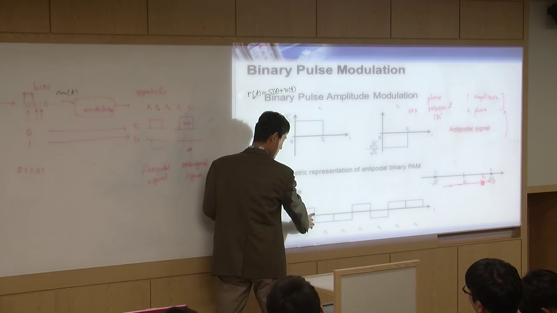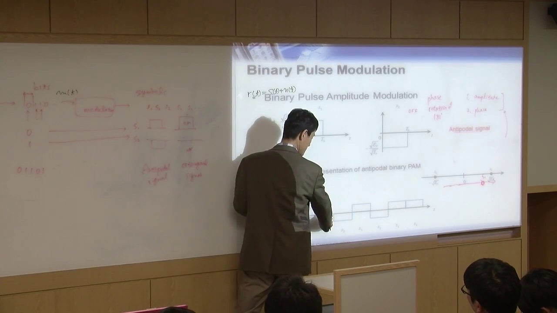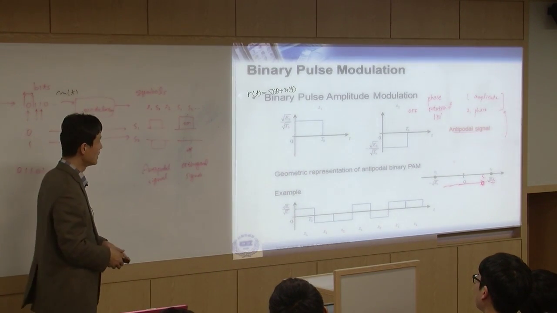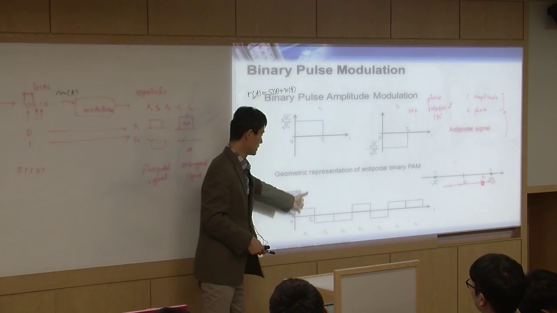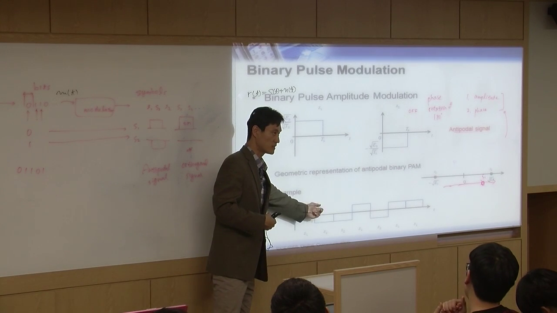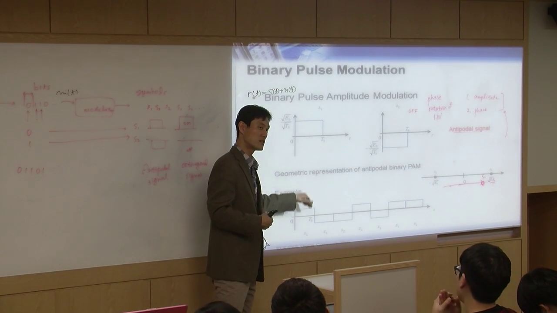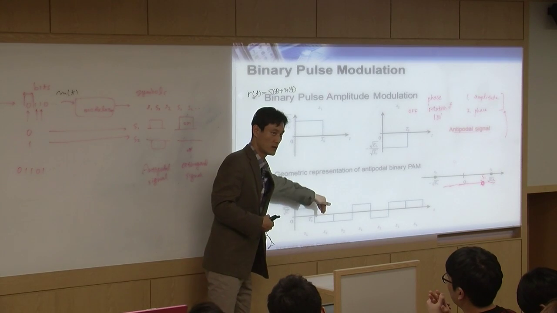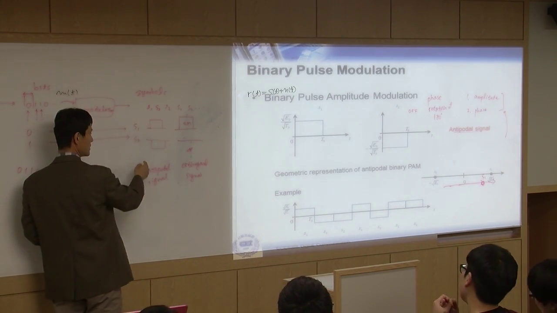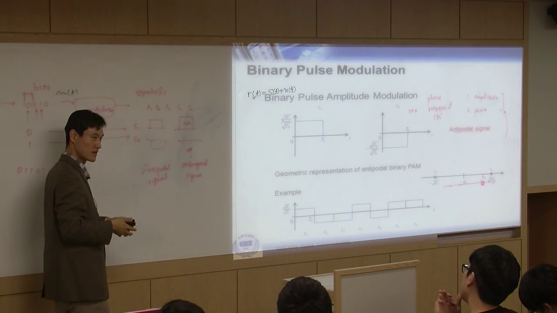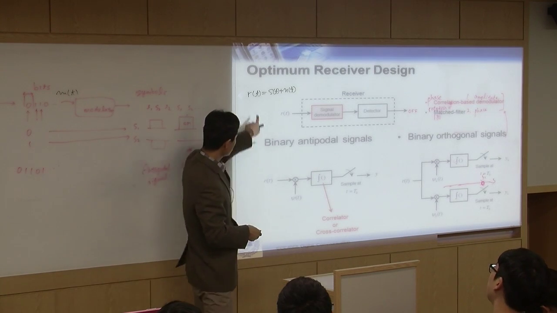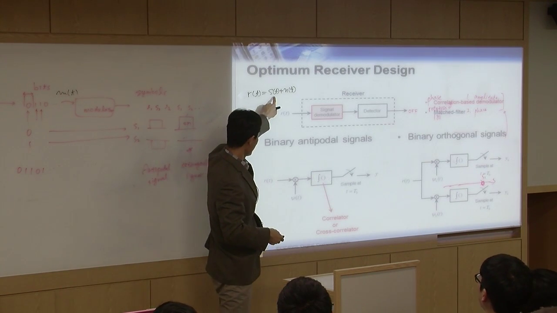For this symbol, we are going to make a decision. For this symbol, we're going to make a decision. So every decision is independent. If you look at only one symbol, it's going to be either positive or negative. Same for the next one. For each symbol, it's going to be this one or this one. That's it. So that's what we have here, RT and ST.